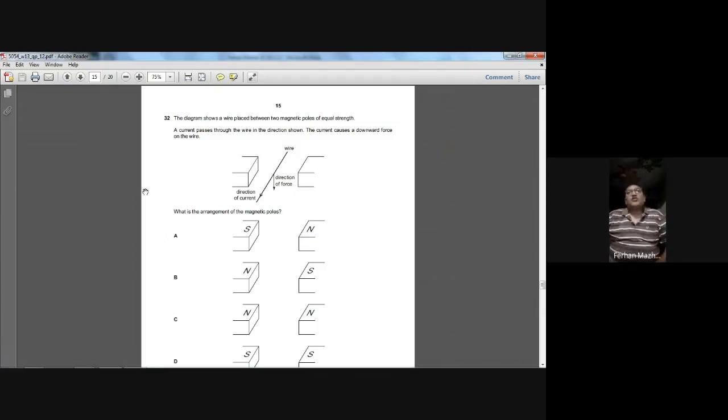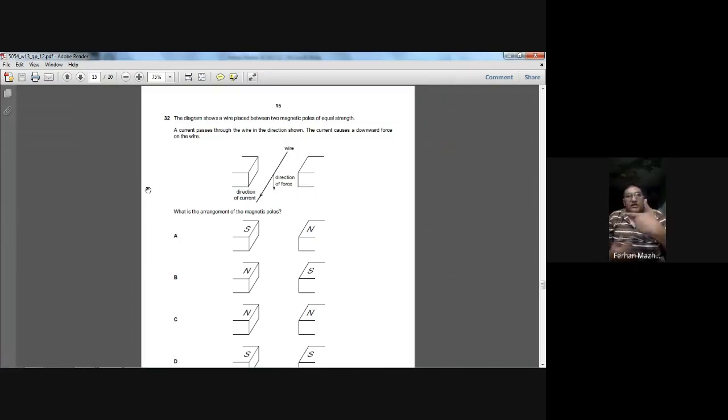Okay, so you apply the left hand rule. You take your left hand, stretch your fingers, thumb, index finger, middle finger, in such a way that they are perpendicular to each other. You can see they are perpendicular to each other. FMC: force, magnetic field and current.